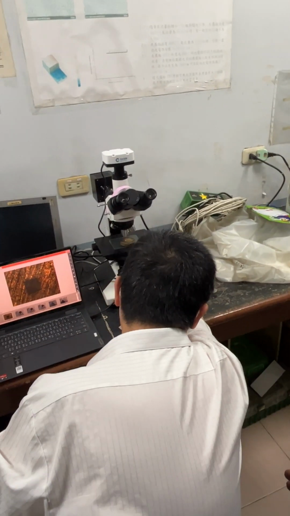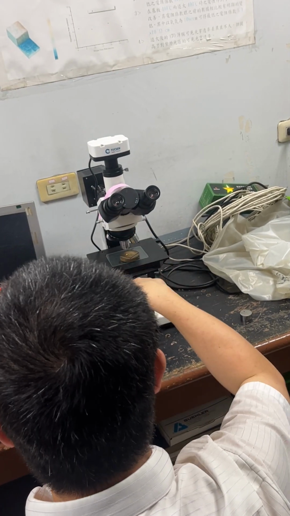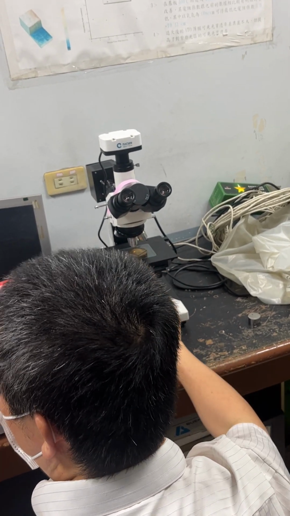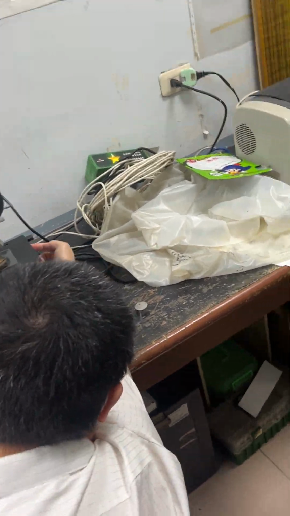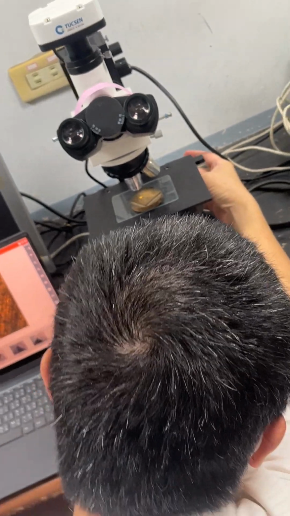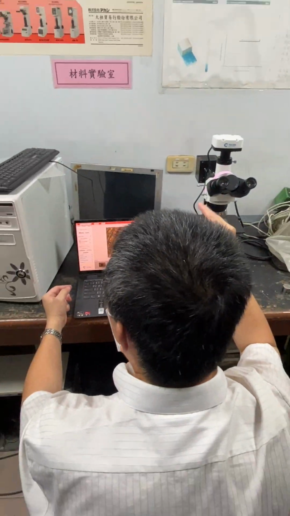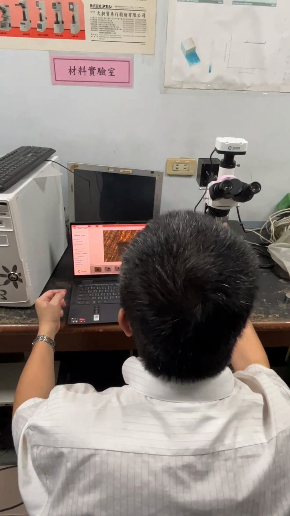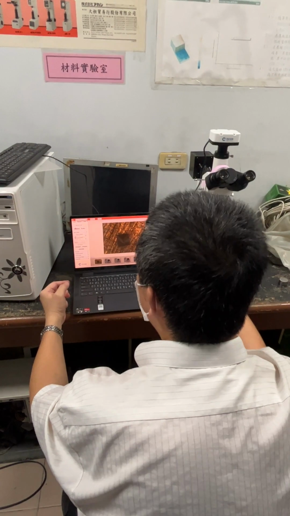Okay, and this is for controlling the focus, which means the vertical, the Z-axis. There are also two wheels, and the bigger wheel is the coarse adjustment, which means that it can move the stage vertically faster.